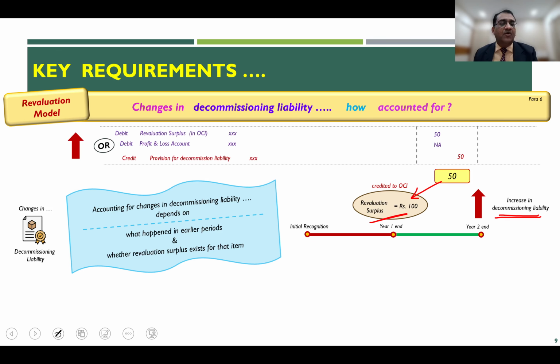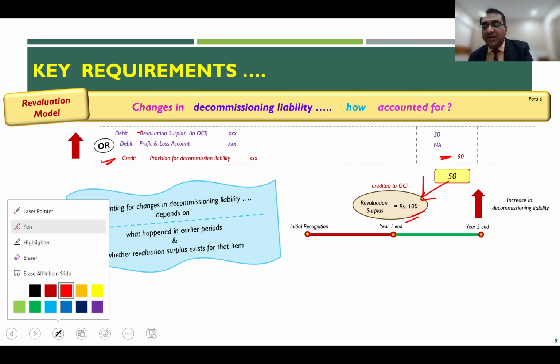Therefore, as we saw in the last slide also, the journal entry for this increase in liability will increase the liability for sure by 50 rupees, but the debit in this case will go to revaluation surplus because the increase in the liability is lower than the revaluation surplus for that particular asset. So revaluation surplus does exist.